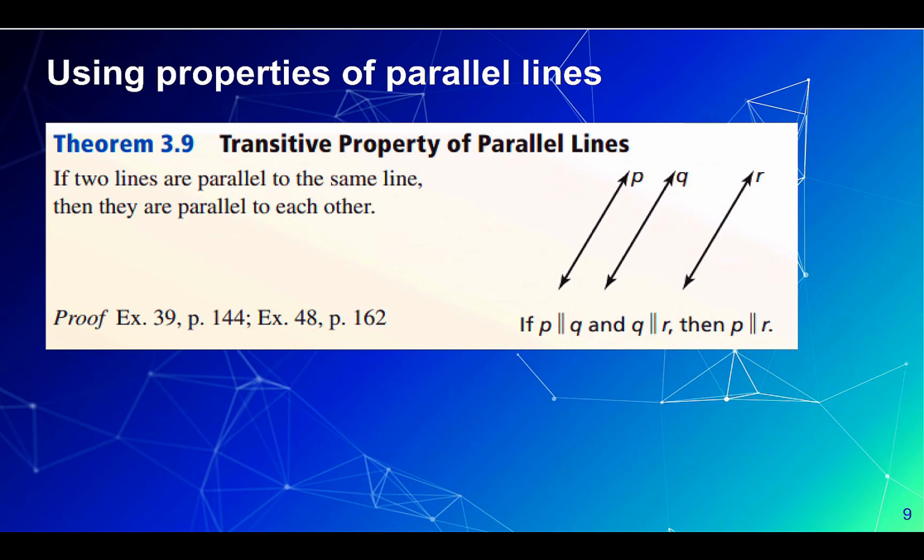Next we have the transitive property of parallel lines. What that basically says is, if two lines are parallel to the same line, then they are parallel to each other.